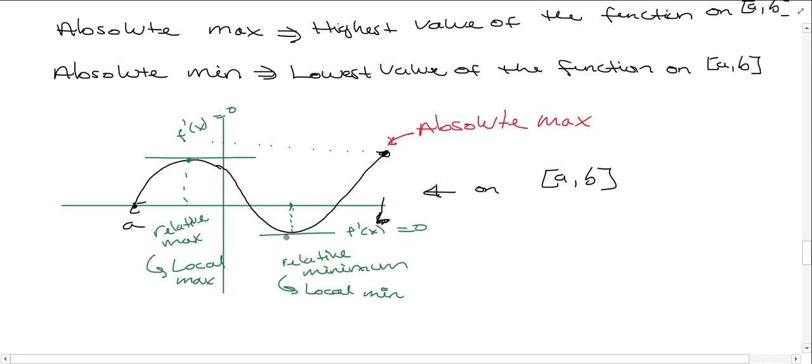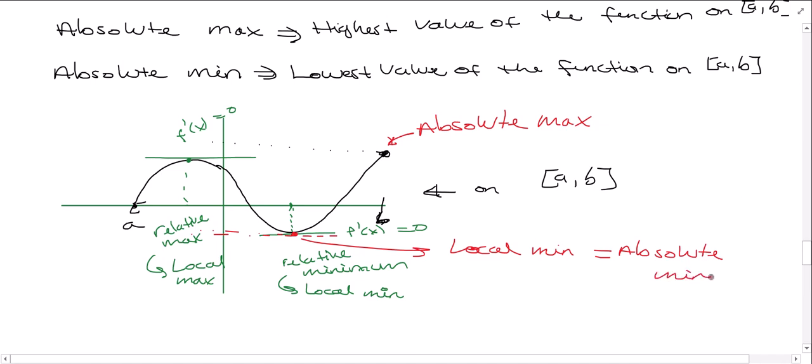And in this case, the way that I have it, notice that this local minimum also becomes the absolute minimum because it is the lowest point on the graph. So the local min happens to also be the absolute min.